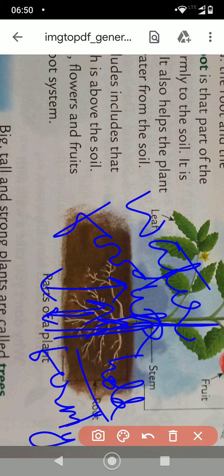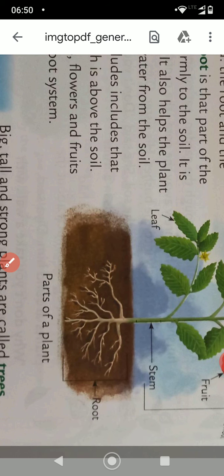So your root system is very, very helpful for the plant. How is it helpful? It helps the plant to stand erect and hold the soil firmly so that the plant can stand firm.